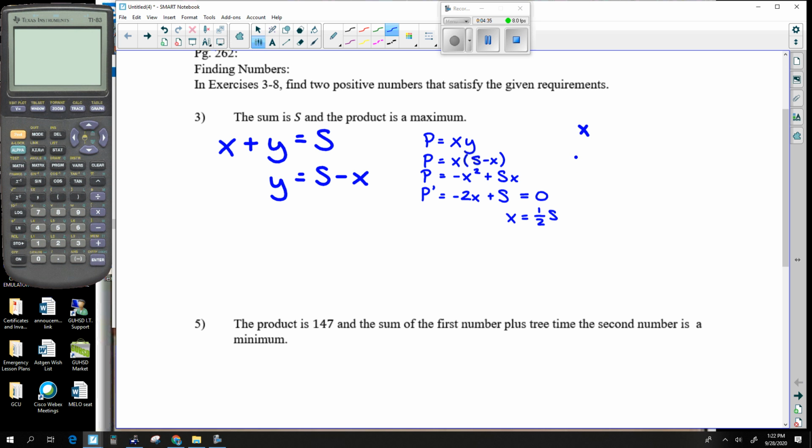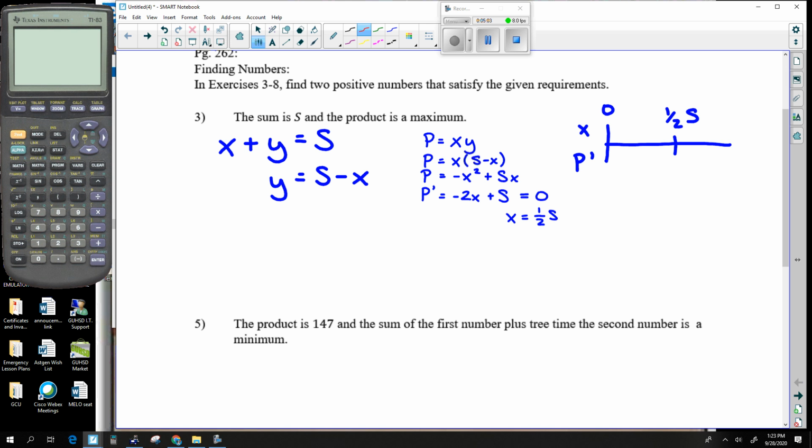So with the derivative at 1/2 s being 0, let's say I put in a small number, something less than 1/2 s, like 1/4 s.